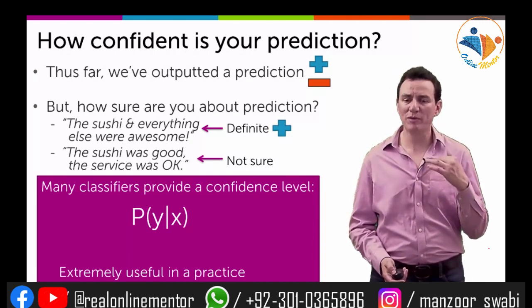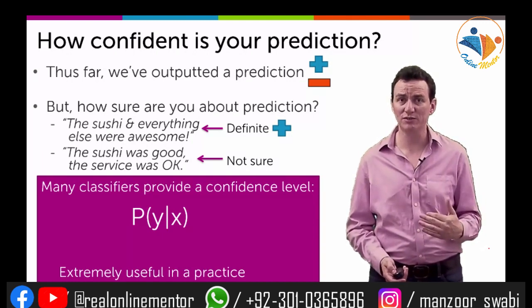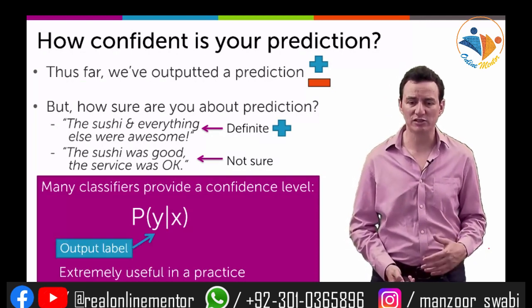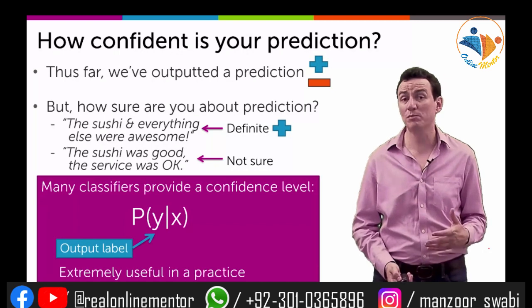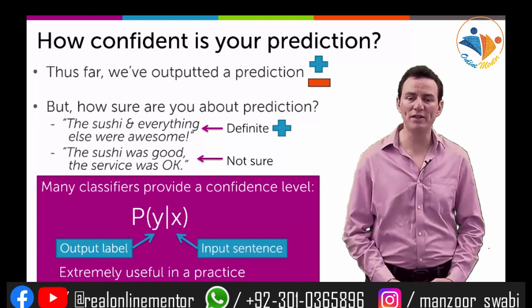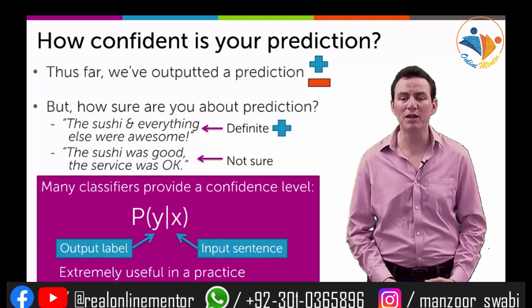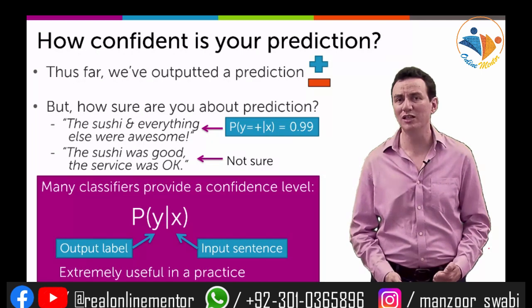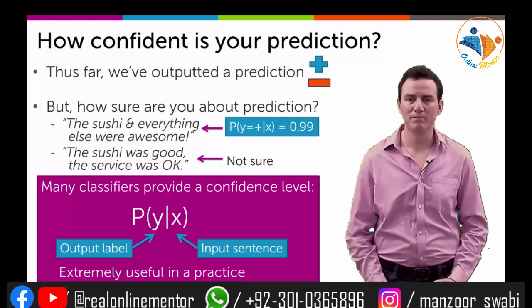So here we have the probability of being a positive or negative sentence given the input sentence X. So the output label, what's the probability of the output label given the input sentence? So for example, for the top example there, instead of saying a definite plus, we say the probability that it's a plus given input sentence X is 0.99.